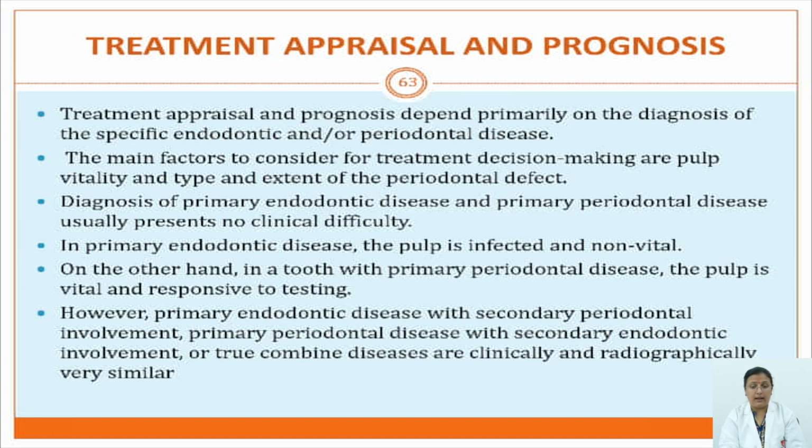In a tooth with primary periodontal disease, the pulp is vital and responsive to testing. However, primary endodontic disease with secondary periodontal involvement, primary periodontal disease with secondary endodontic involvement, or true combined diseases are clinically and radiographically very similar.